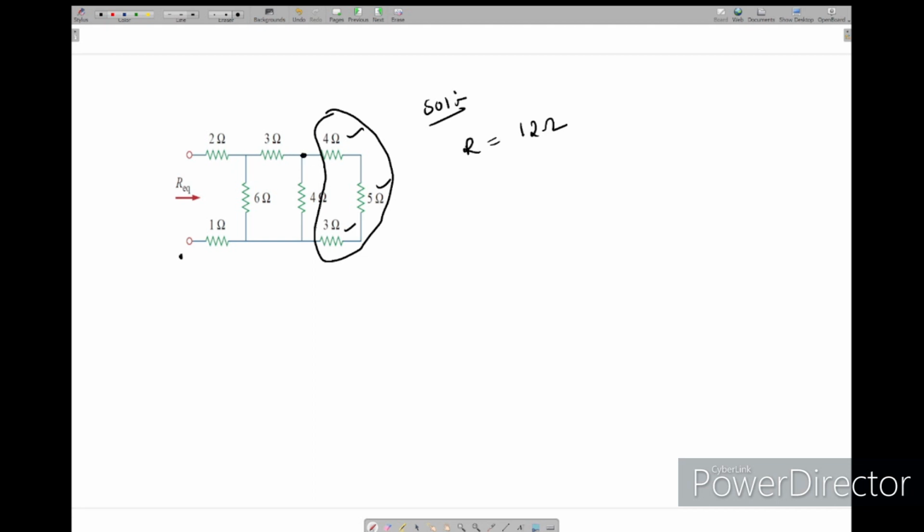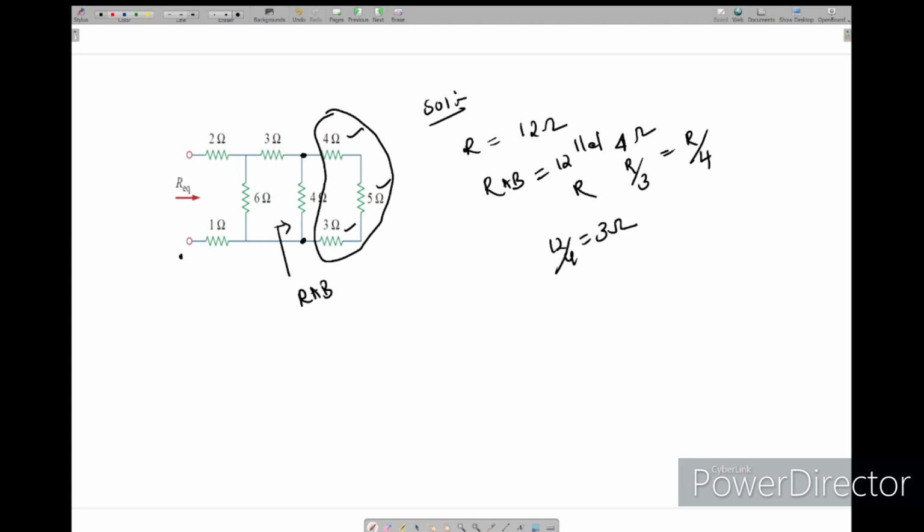So 12 ohm is parallel with the 4 ohm resistor. So for RAB, 12 ohm parallel with 4 ohm: this is R, and this is R by 3, so the equivalent will be R by 4. So 12 divided by 4, we got 3 ohm here.